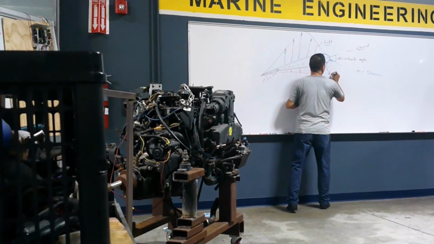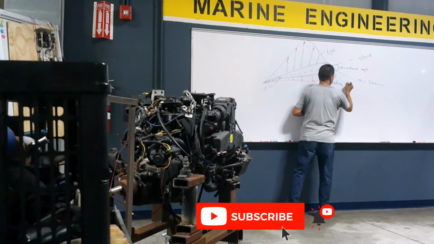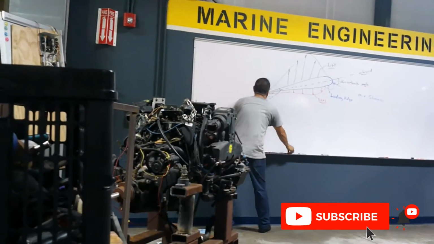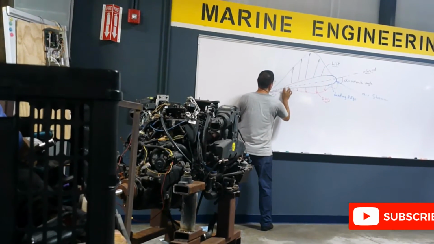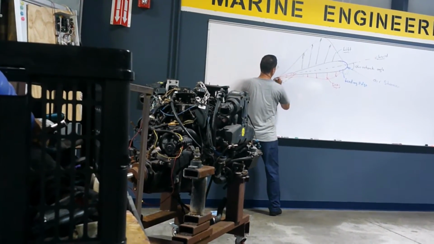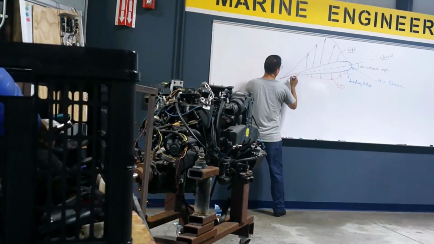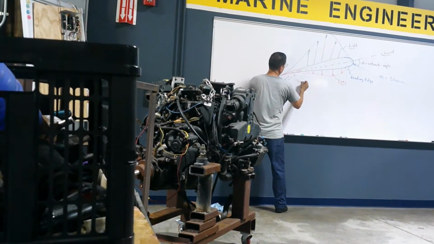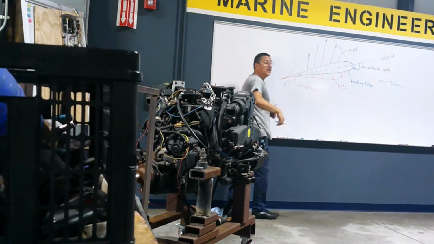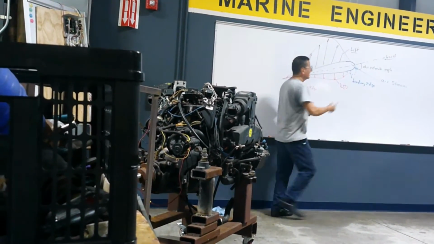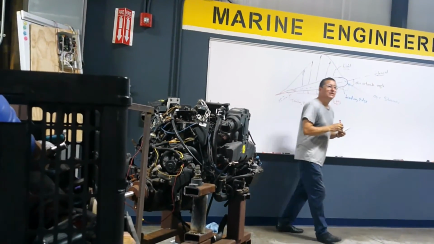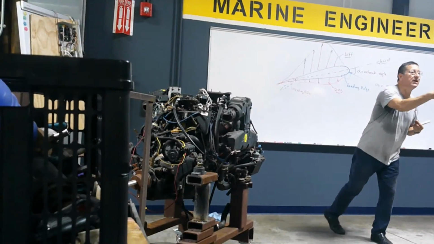This is called the leading edge, and this one is called the trailing edge. The trailing edge is the exit of the air, and the leading edge is the input, the first area in contact with the air.